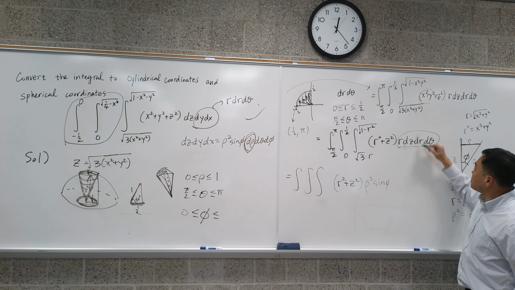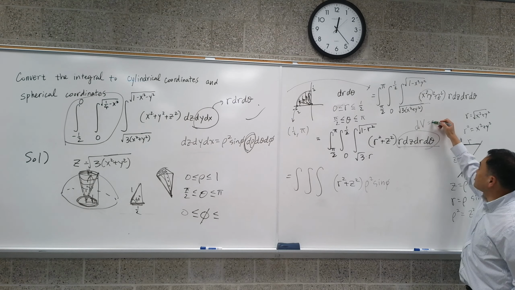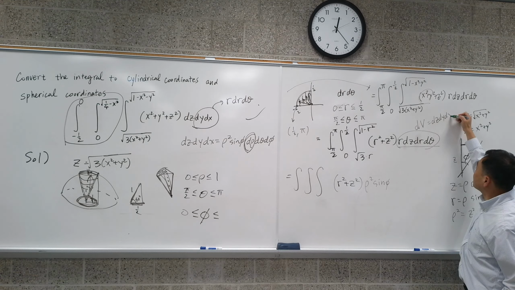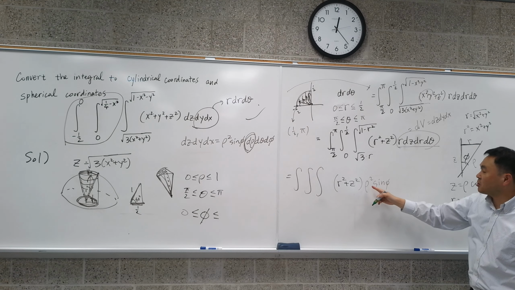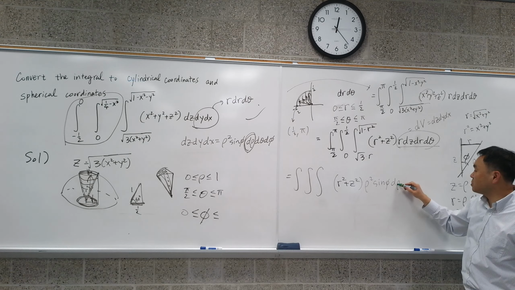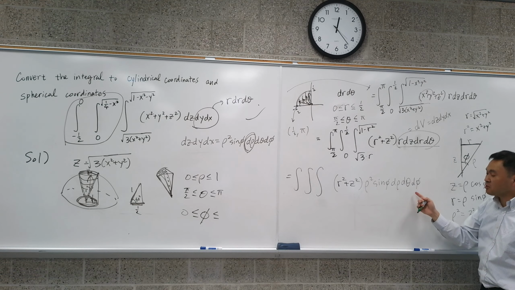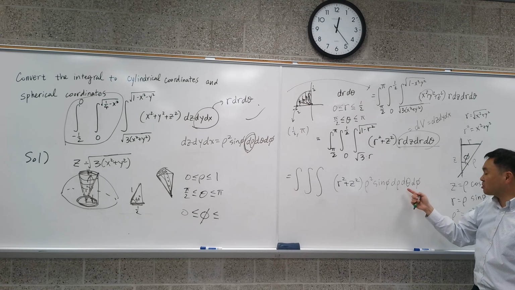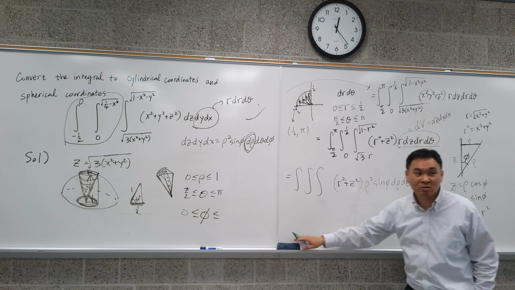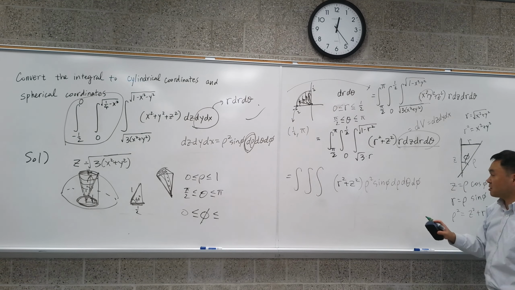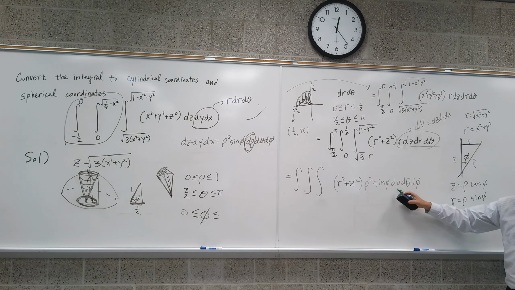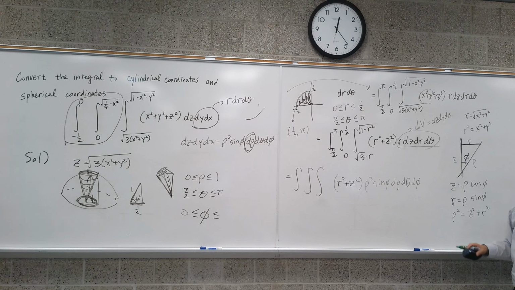So this much is dv, which is the same as dz dx dy, and it's also the same as rho squared sine phi d rho d theta d phi. And again, there's no universal agreement on the order. This is the one that I like to do. Some textbooks might have the order slightly different, but it's customary to always put the rho inside. These two might be different depending on your textbook.